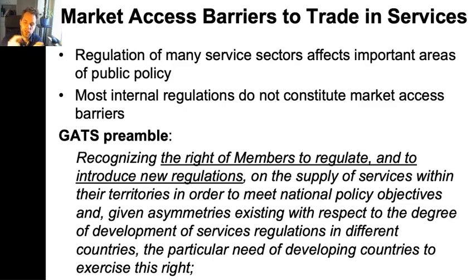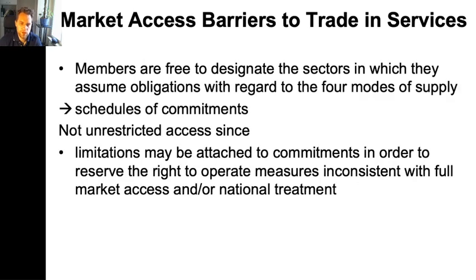And there is a reference to developing countries, given asymmetries existing with respect to the degree of development of services regulations in different countries, that there is a particular need of developing countries to exercise this right to regulate. So what you can see here is that this is not only the richer countries trying to regulate foreign service suppliers or service supply in general, but also a particular interest for poorer countries, developing countries in the parlance of the WTO.